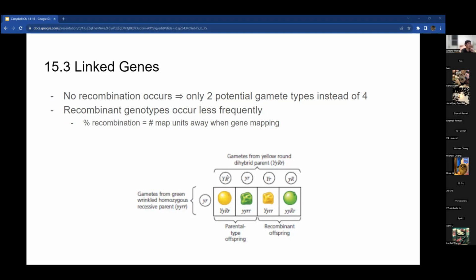Normally the alleles are linked, dominant with dominant and recessive with recessive, but a recombinant offspring is different. You see how the alleles that made up the recombinant offspring have one dominant, one recessive, one recessive, one dominant?